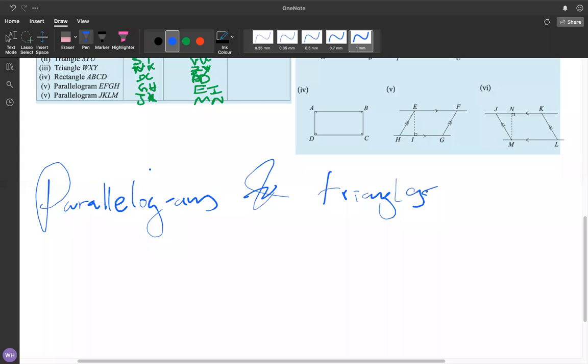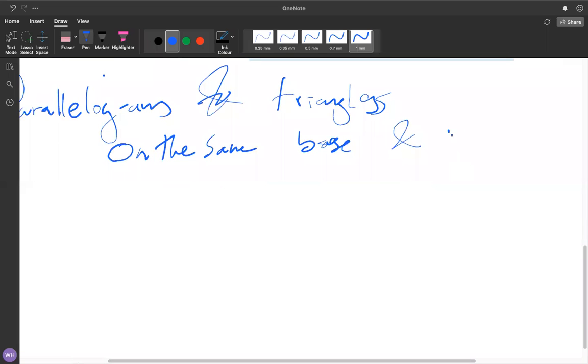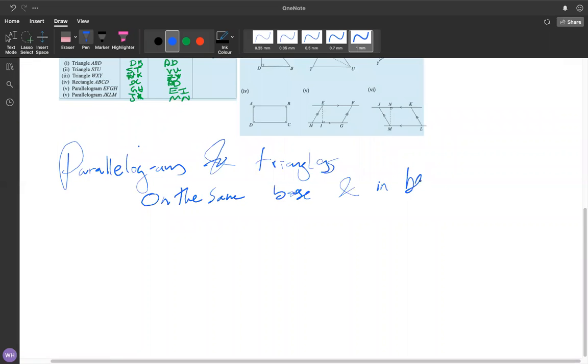Parallelograms and triangles on the same base and in between same pair of parallel lines.